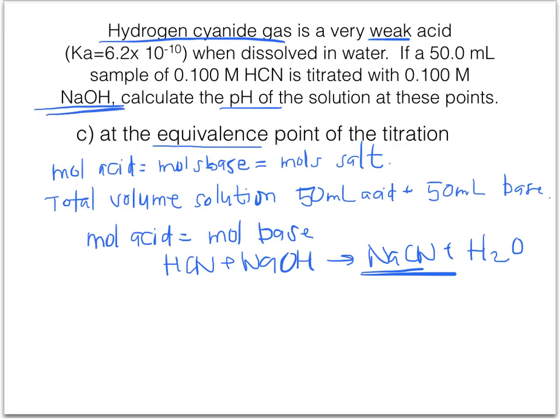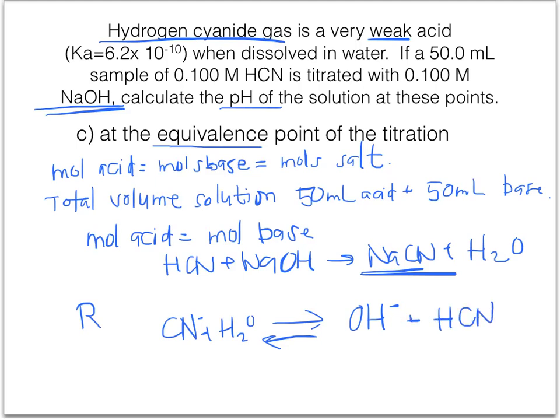So in my hydrolysis equation, I'm going to have this one for my reaction. I know that since I'm using a strong base, I'm going to have OH. So then my Na is my spectator. So CN plus H2O is going to form the OH plus the HCN. So there's my reaction.